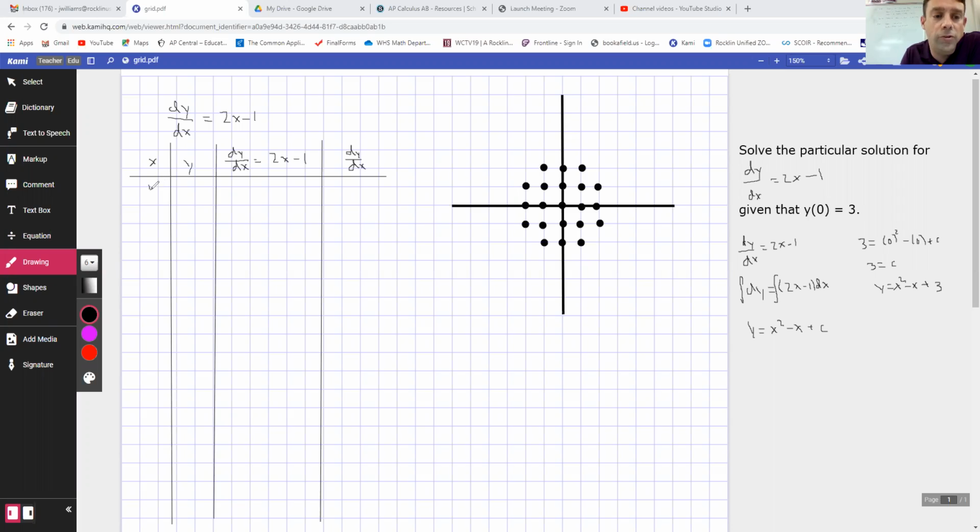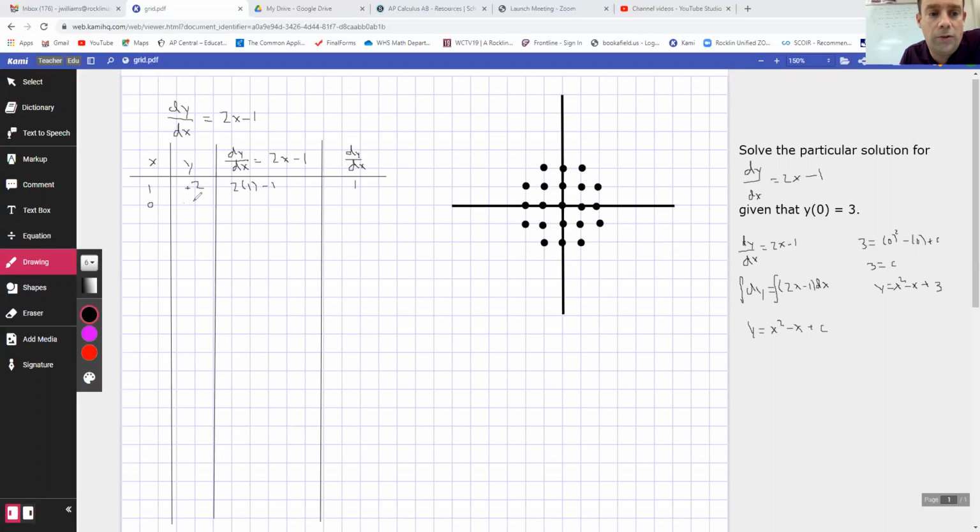What a differential equation says is if we take a point, we can plug it into this slope, this rate of change there. And if we were to do that, we'd have 2 times -1 minus 1, and you'd end up with some value, -3. If we were to continue doing that all the way down here, we'd have 0, 2.